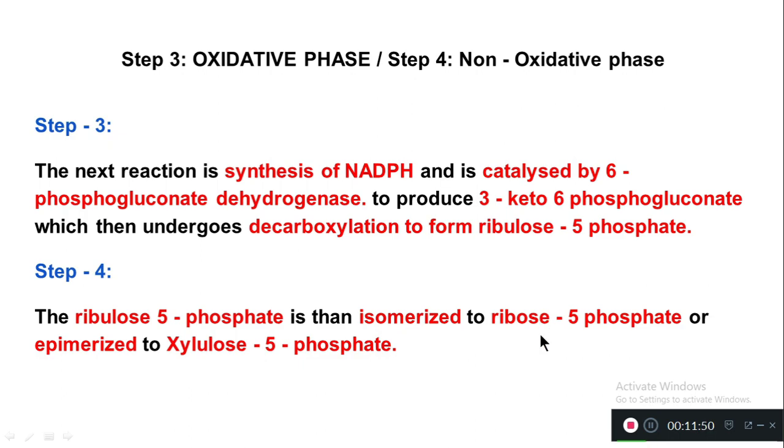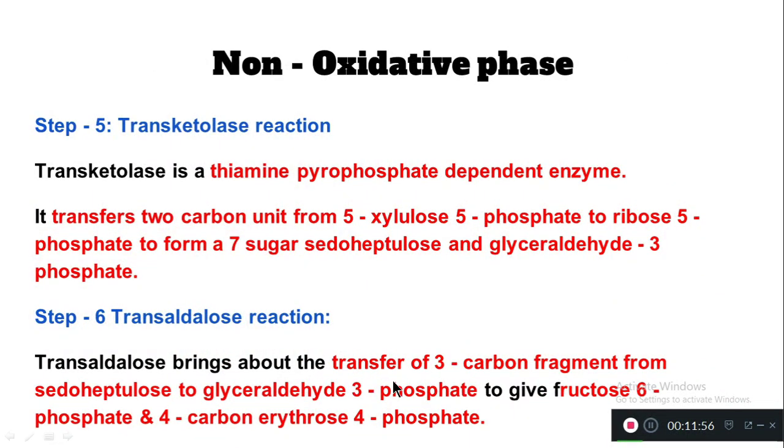So between ribose 5-phosphate and xylulose 5-phosphate, transfer of a 2 carbon unit is occurring. Already we have a pentose, a 5 carbon unit.